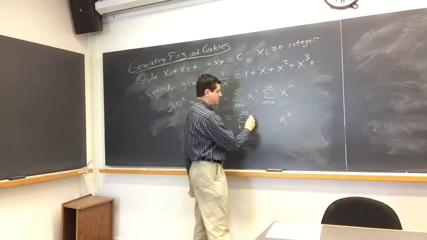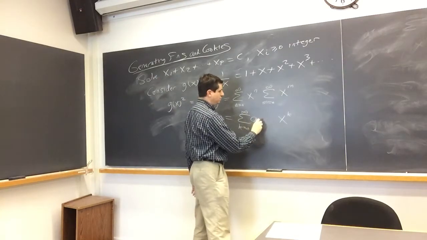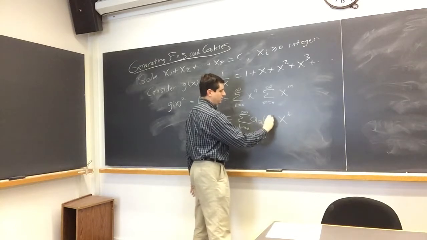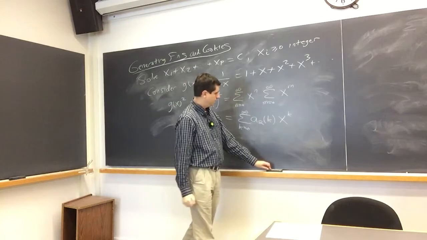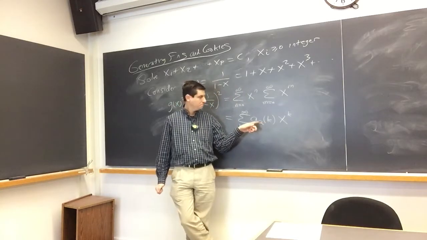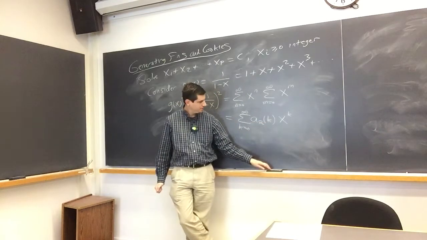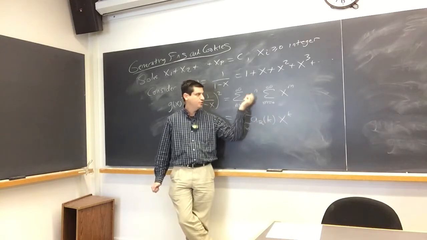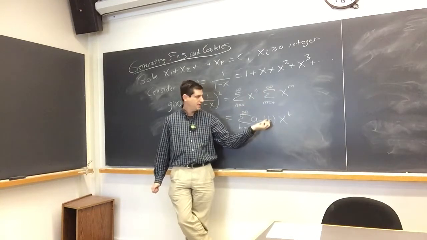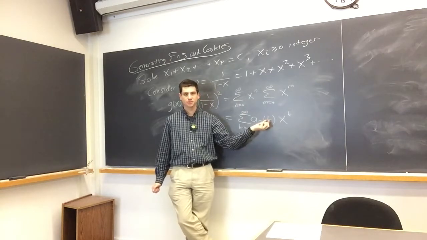And I'm going to call it a sub k. Or I could have called it a sub k of 2. It doesn't matter. The 2 is because we have 2 things. And the k is because it's going to be the kth term.